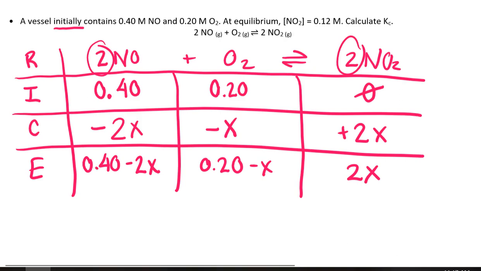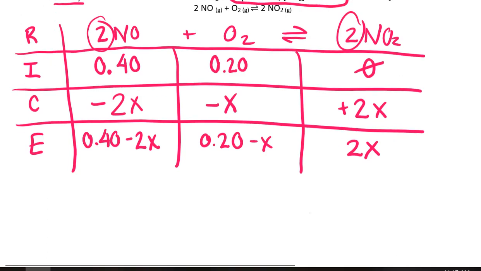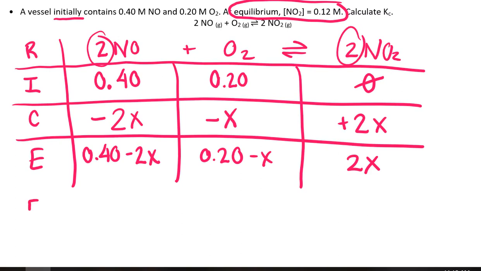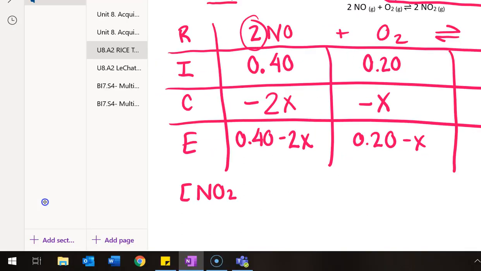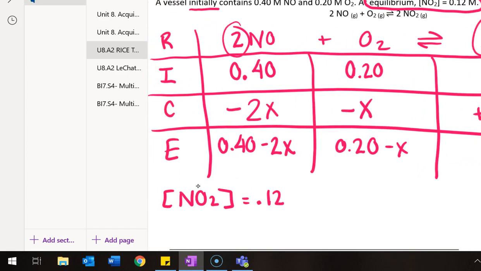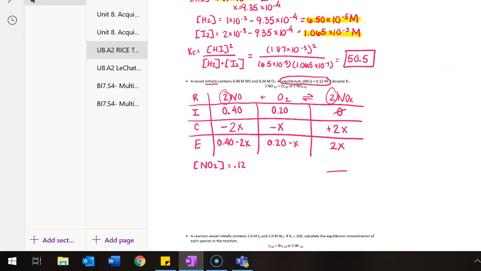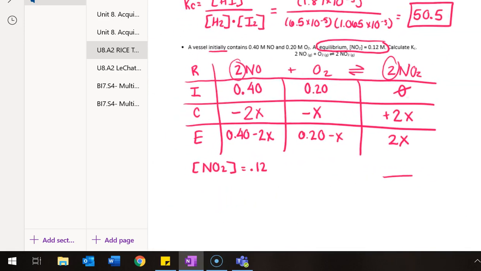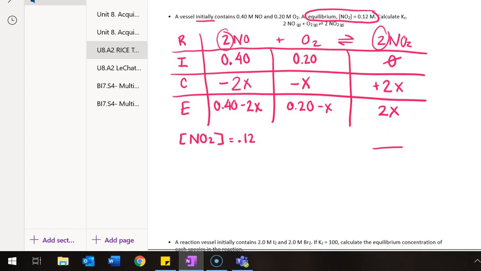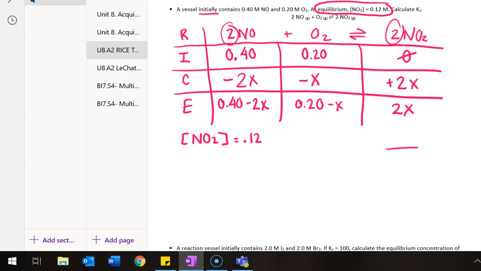Alright, looking at our problem, I have an equilibrium concentration of my product. So I know at equilibrium, the concentration of nitrogen dioxide is 0.12 molar.